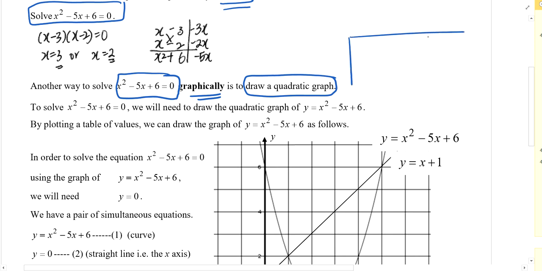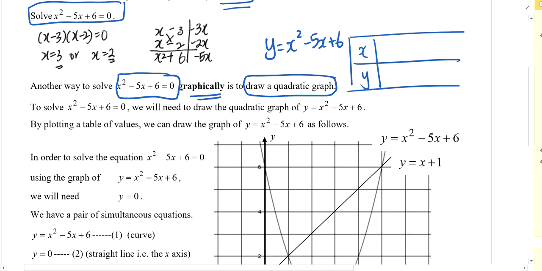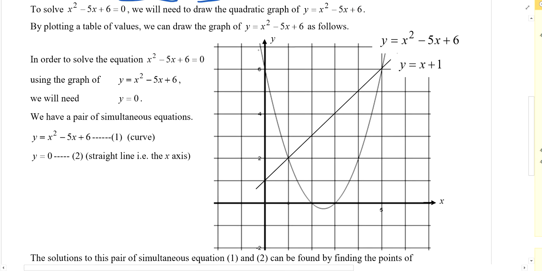So the graph that we will be drawing will be y equals x squared minus 5x plus 6. By plotting the values, we are able to get a parabola that looks like this.